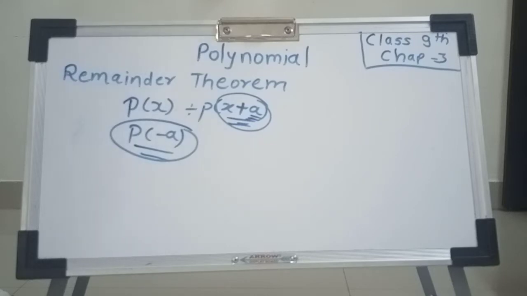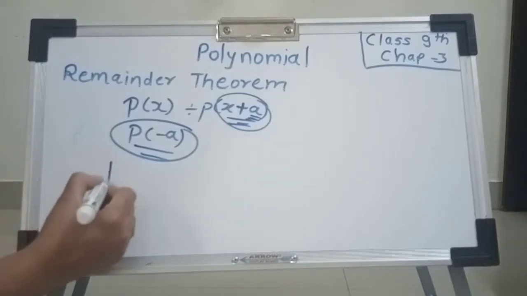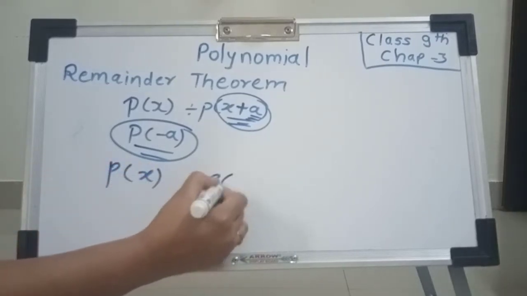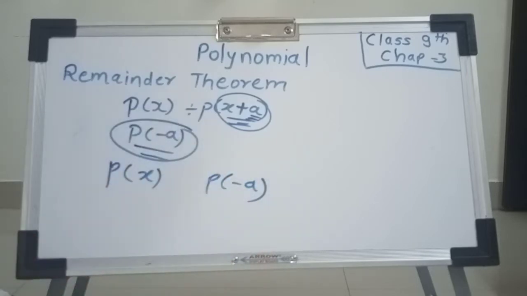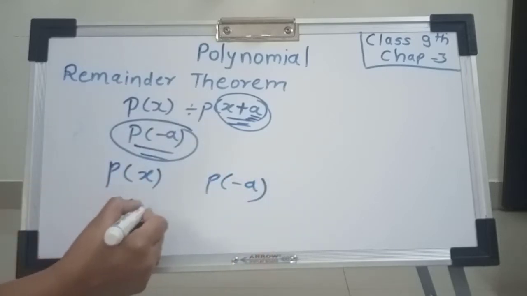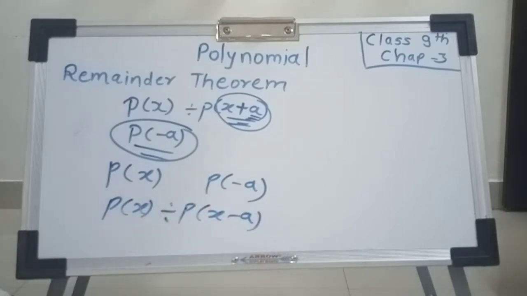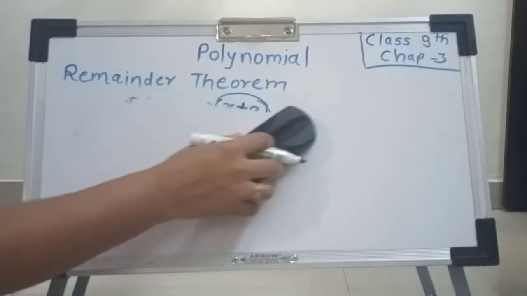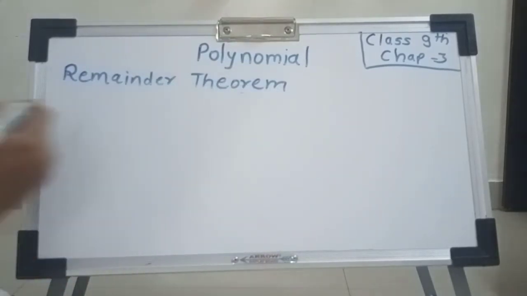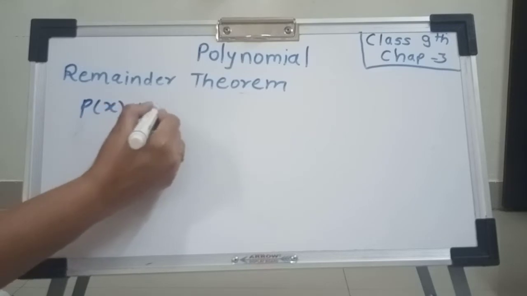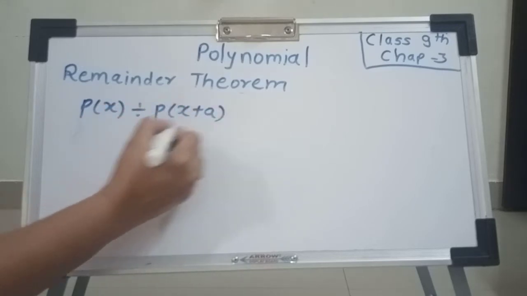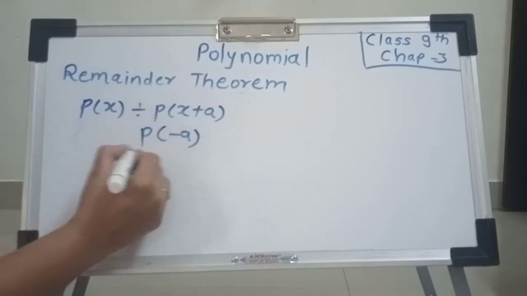That means when P(x) is divided by x plus a, our remainder is P of minus a, which is the value of the polynomial P(x) at minus a.